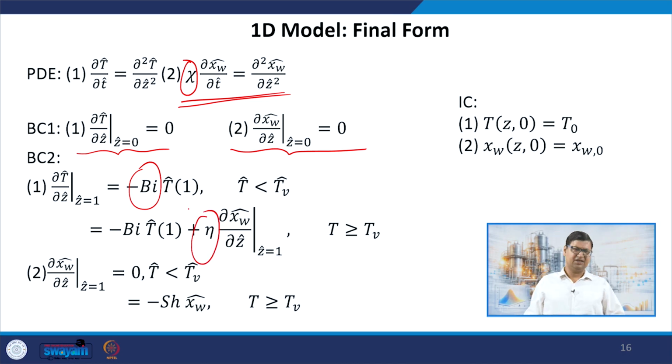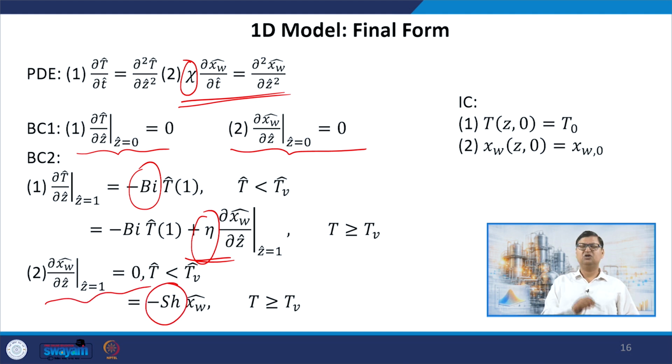I am not giving the expression for that, but you can figure that out. So, I am defining one dimensionless variable η here, and for the moisture boundary condition I will get another dimensionless variable, let me call it Sh. In fact, it is called the Sherwood number, but that is besides the point, right.